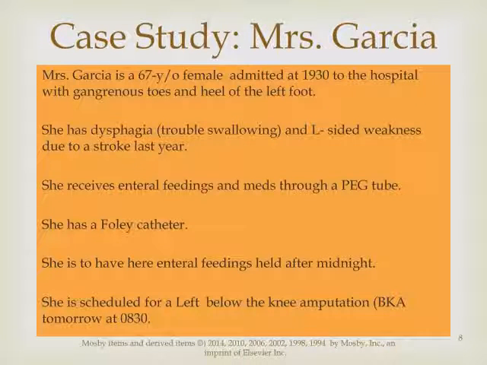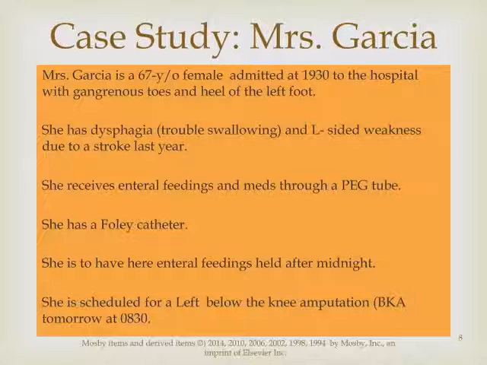Mrs. Garcia is a 67-year-old female who was admitted at 19:30, which we now know is 7:30 p.m., to the hospital with a gangrenous toe and heel of the left foot. She has dysphagia, which means trouble swallowing, and she has left-sided weakness because she had a stroke, or CVA, last year.